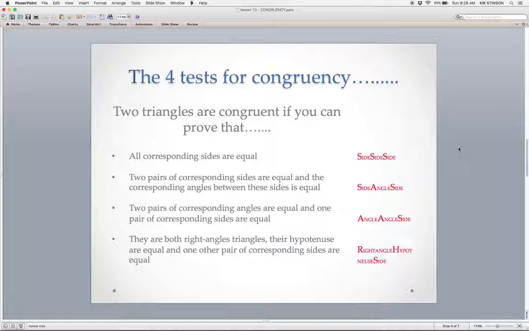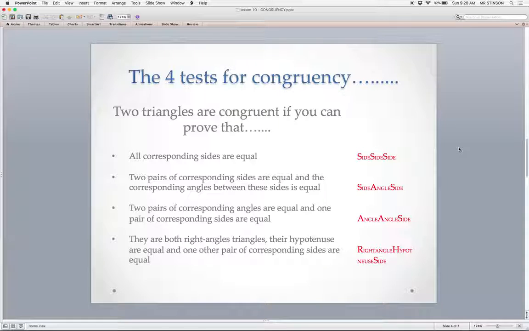The first one, if all corresponding sides are equal, then two triangles are congruent. And we call this test side, side, side, or SSS.